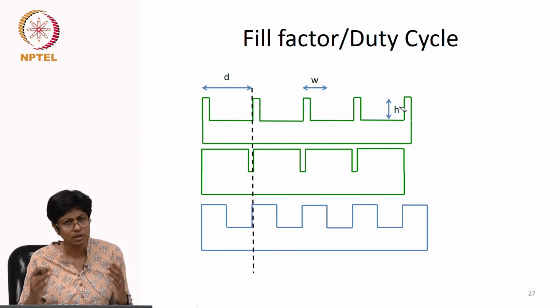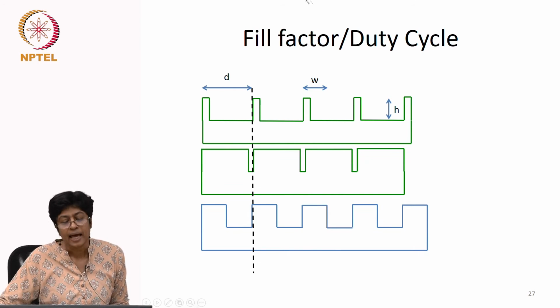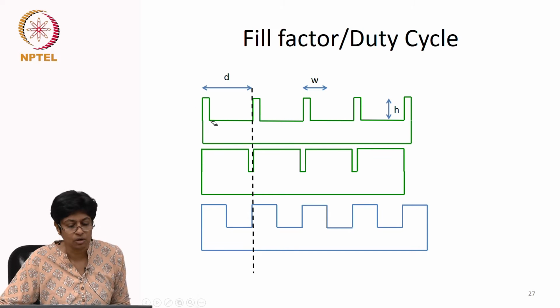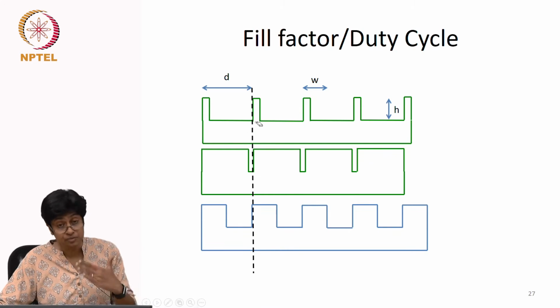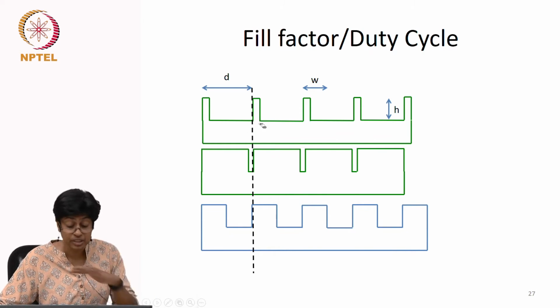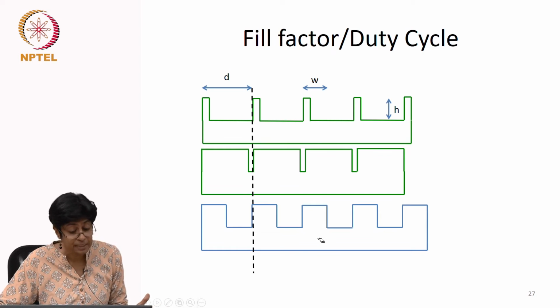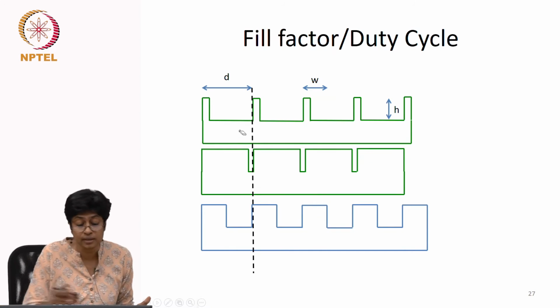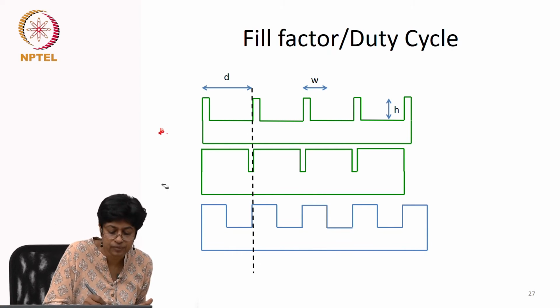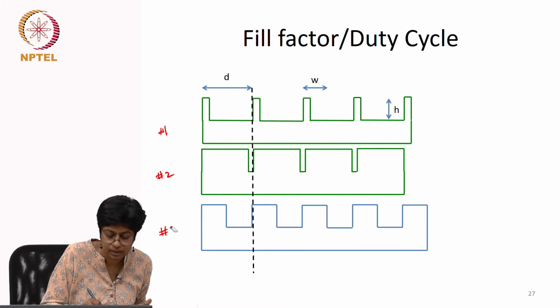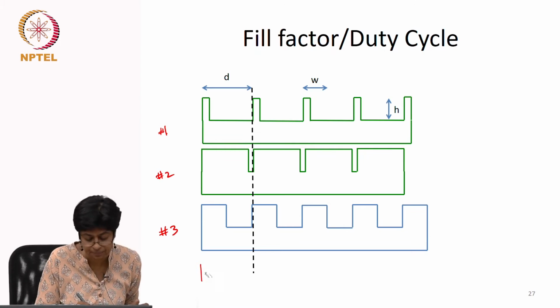Let's say I took a substrate and I fabricated a grating on top, or I took three different substrates of the same material, and in each case I fabricated a grating. They all had the same period. So you can see this grating number 1 and number 2 and number 3. In all cases, this is the period.